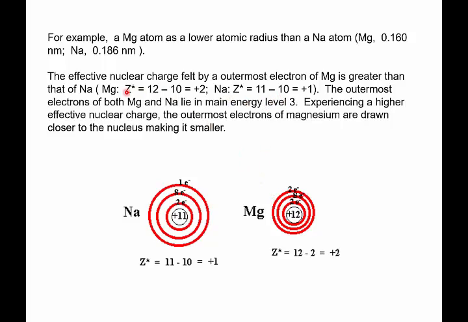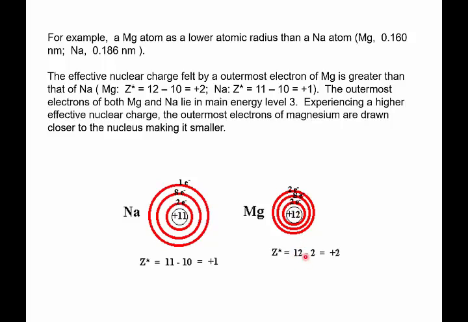Magnesium, which I first mentioned, let's look at the details of that. One of the outermost electrons of magnesium, there are 2, is here. The number of interlying electrons is 8 + 2, which is 10.